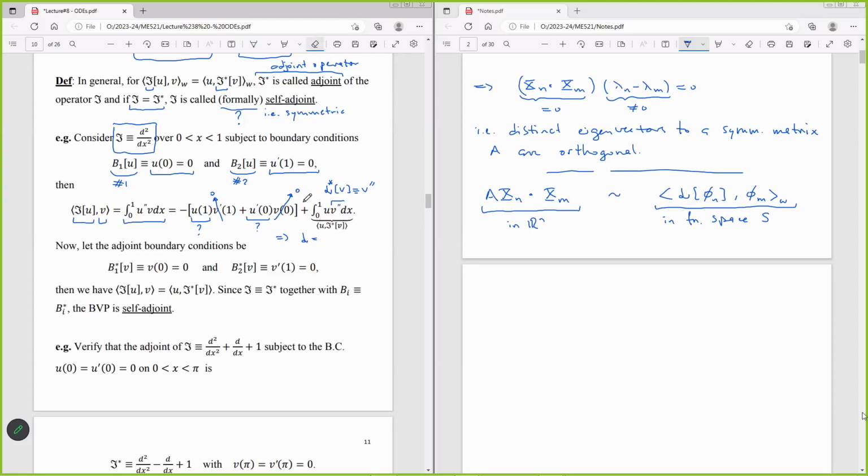B stars, which means the boundary conditions for the star problem, okay? It turns out that the boundary conditions for the star problem are these, because it is very necessary that you want the boundary terms to be 0, so that the boundary terms vanish, right?